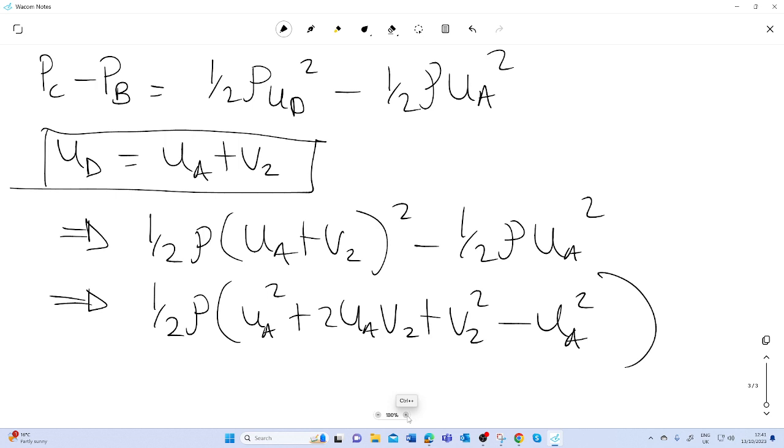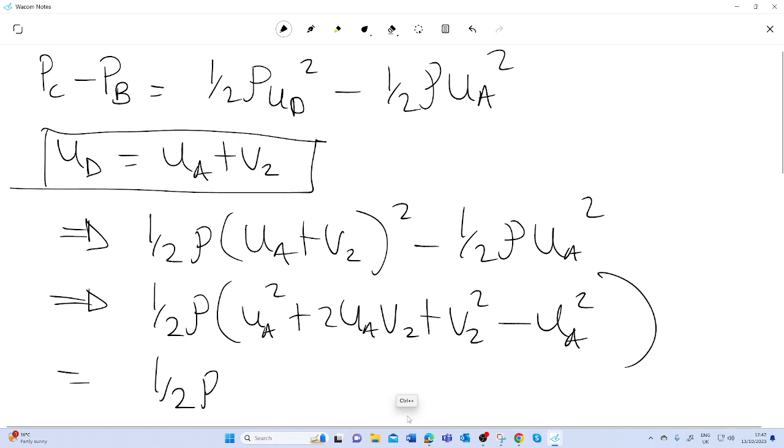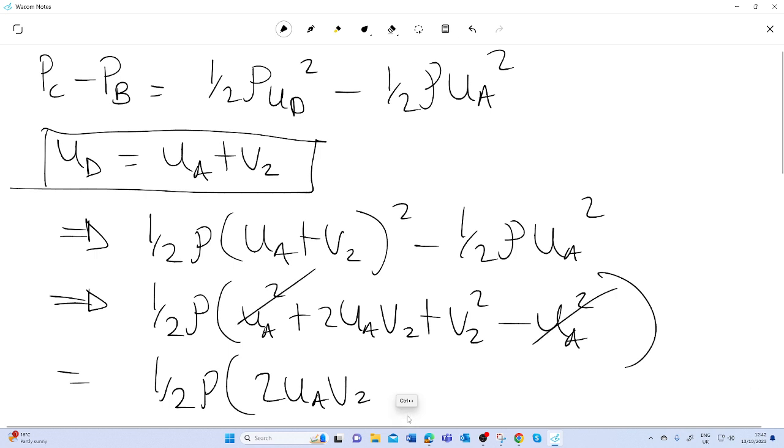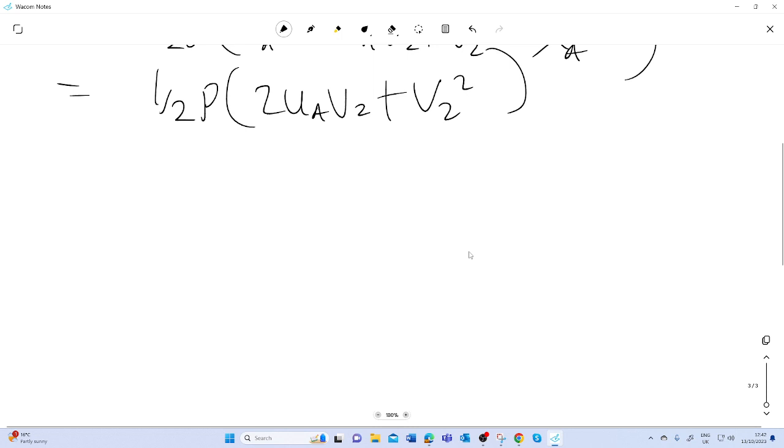After unfolding the bracket here, it will solve to this. Then from here we can deduce that it becomes half rho (2 UA V2 plus V2 squared), as UA squared cancels.